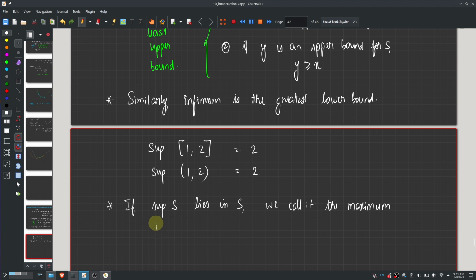So similarly, if the infimum of S also lies in S, we call it the minimum.